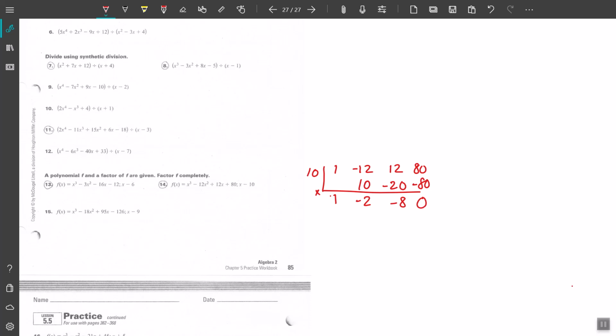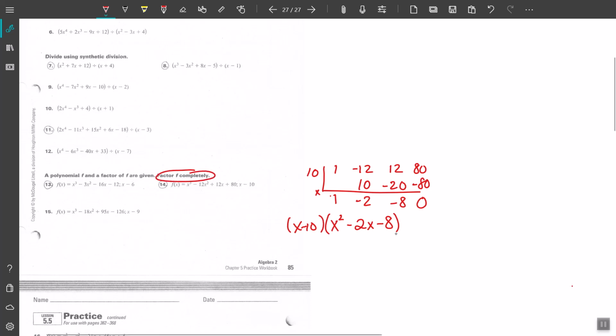So I'm going to go back over to my polynomial. See, my highest degree is to the third, so I'm going to lower this 1 degree to the second. So here's one of my factors. The other one was this x minus 10, which is what I divided by. Again, though, they told us to factor f completely.